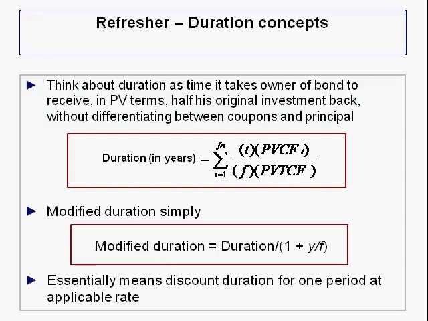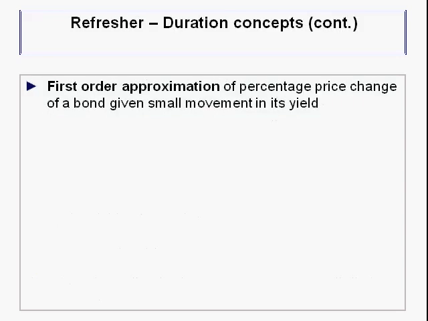Also, modified duration gives us a first-order approximation of how much, in percentage terms, a bond's price will change given a small change, upward or downward, in its yield.